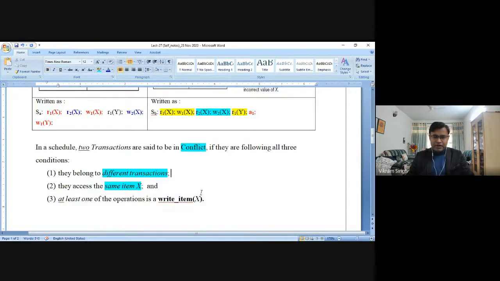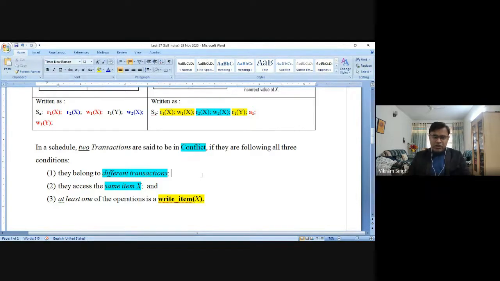That's what we have the idea also, that if two transactions are arranged in a schedule, and both have operations with at least one write access between these two transactions, and that is happening on the data item X, then we can say these two operations have a conflict of interest, right?